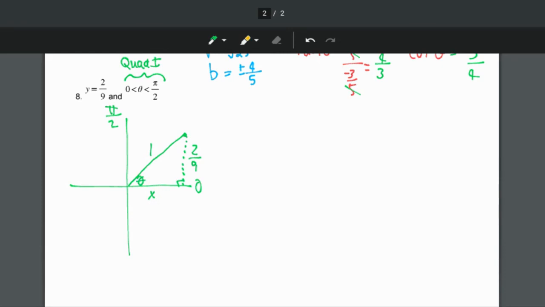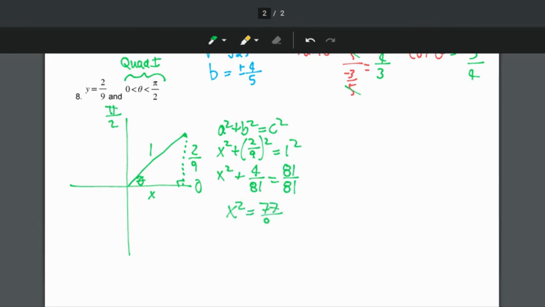Now you're going to do the Pythagorean Theorem. So we're going to do a squared plus b squared equals c squared again. And so we have x squared plus (2/9) squared equals 1 squared. So we have x squared plus 4/81. And to make it easier, I'm going to make 1 equal to 81/81, so that when I subtract 4/81 on both sides, I get 77/81.